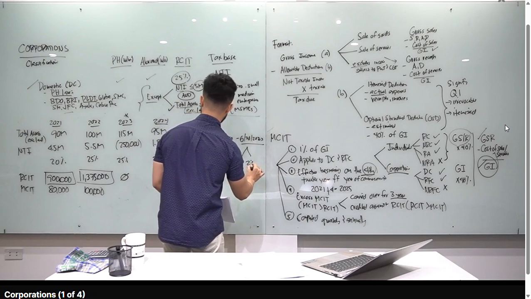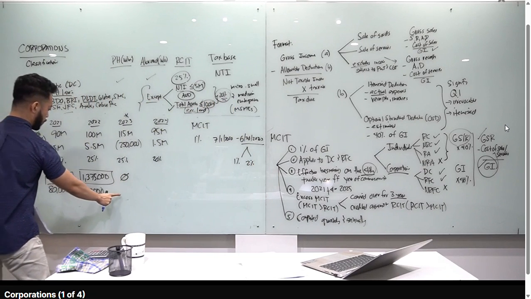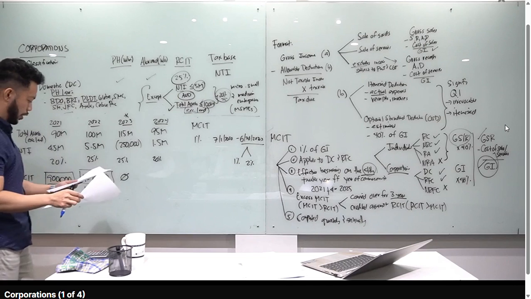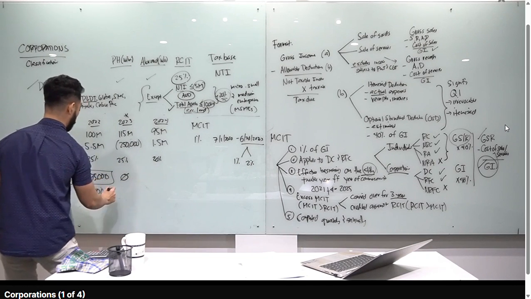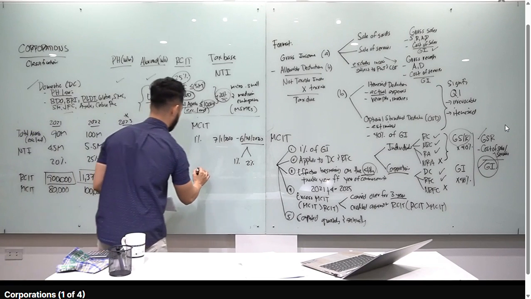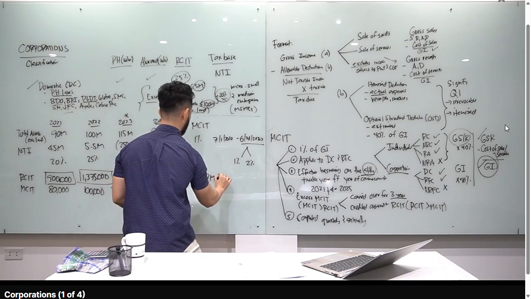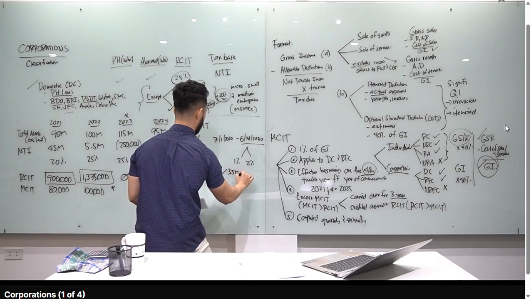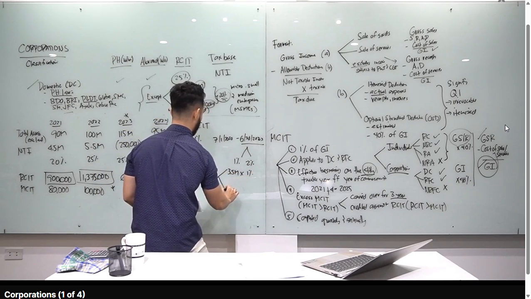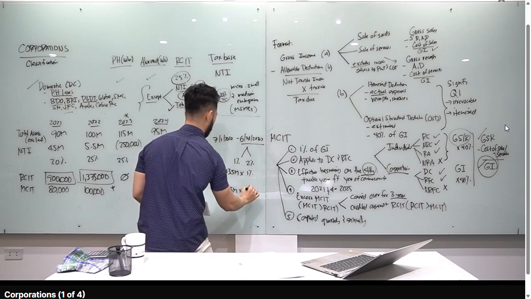Okay? So, ibig sabihin class, para ma-compute natin yung MCIT dito, ang gagawin natin, nakita nyo ba yung gross income sa problem? That is 7 million. Tama? So, ganito gagawin natin dyan. Dito natin computein. Lagyan natin ng asterisk. So, yung 7 million, okay? Sa first half of the year, kalahati, 3.5 million, multiply natin by 1%. Alright? And then yung another half, 3.5 million, multiply natin by 2%. Okay?